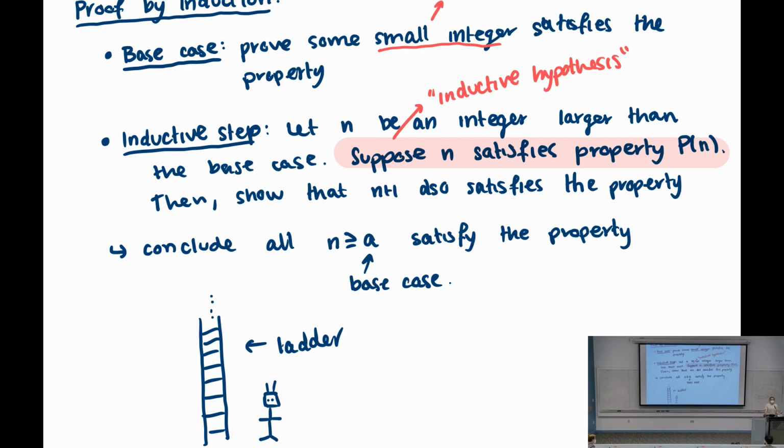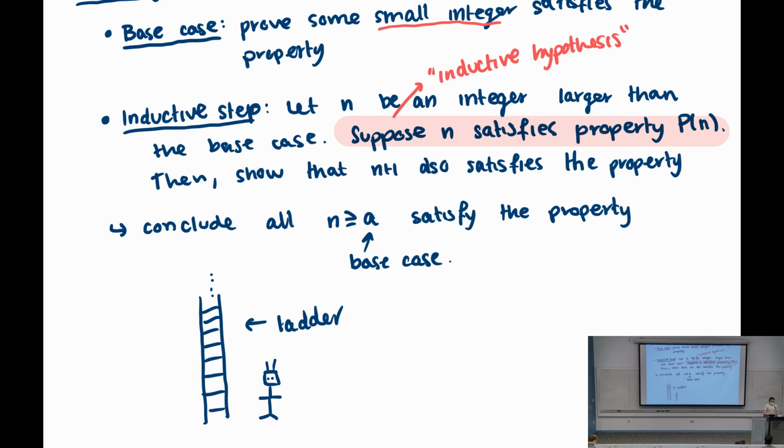And you have to teach the robot how to climb the ladder. So what are the two things that you need to teach your robot how to do? You have to teach the robot how to get on the ladder, and then you have to teach the robot how to go from one rung to the next rung. And then, assuming he has infinitely many batteries or whatever, he can just keep climbing the ladder forever. So that's how I think about induction.